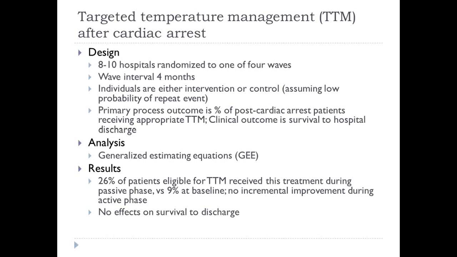And these are both process and rather short-term outcomes. They used generalized estimating equations for their analysis. And the results, they found that 26% of patients eligible for targeted temperature management received this treatment during the passive phase versus 9% at baseline. And they observed no incremental improvement during the active phase and no effects on survival to discharge.